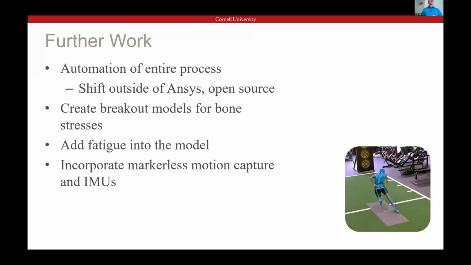So now you can start getting data from races and training settings, and really investigate how these shoes are performing and loading your foot in race settings, outside of the lab. If you run on a treadmill, you change your gait, and if you're trying to hit a force plate, you also change your gait. So having data in the most accurate setting would provide even further resources to apply this model.